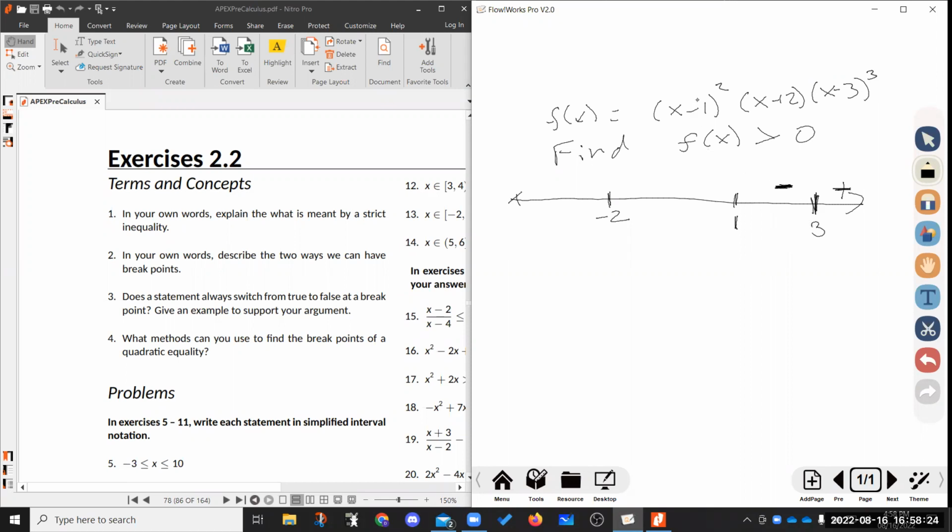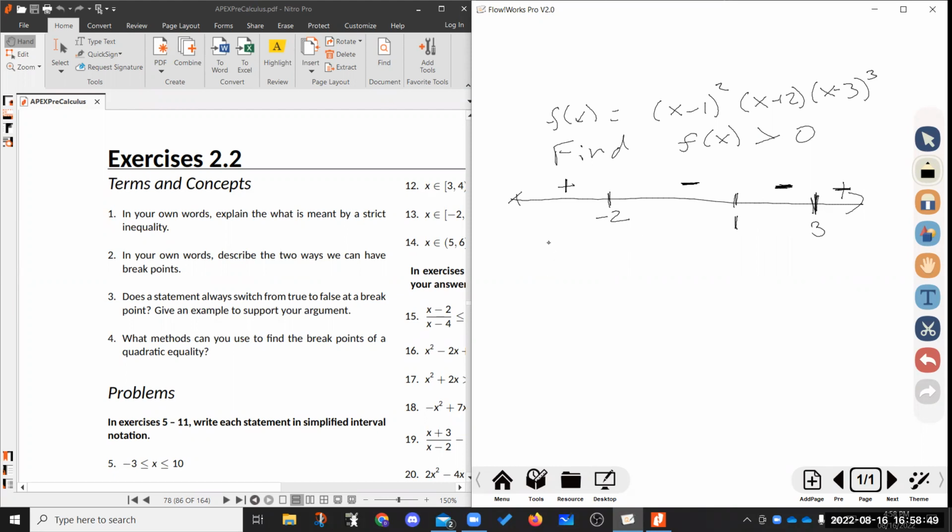When I cross the boundary of 1, though, it's an even multiplicity. It's not going to change the sign or the truth value. Then when I cross -2, it's an odd multiplicity, so it is going to cross. I'm saying cross because it's going to cross the x-axis, but in the place where it's not changing sign, it's touching the x-axis.